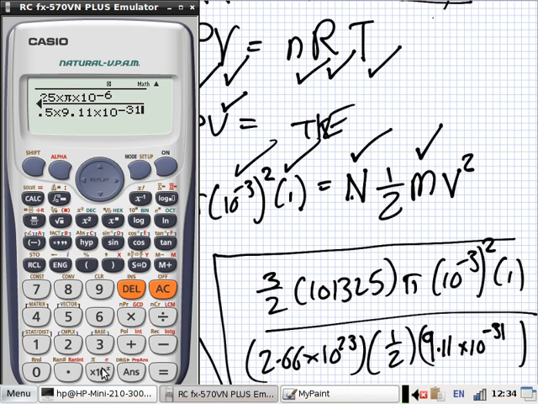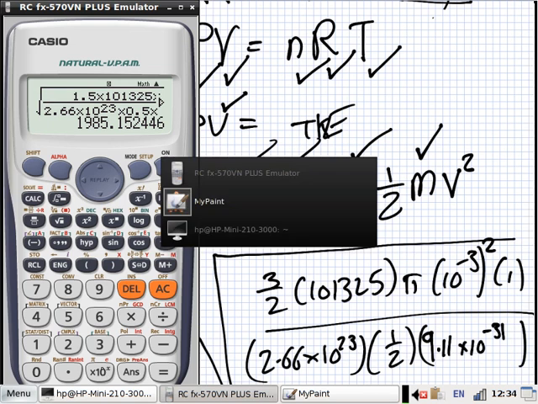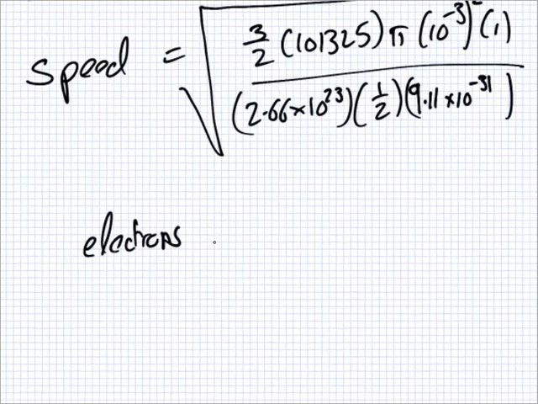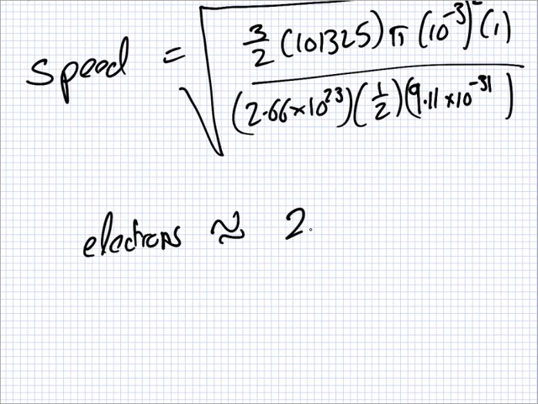No, it's huge. It's a big number. The electrons are moving at 2,000 meters per second. So the electrons' speed is roughly 2 kilometers per second. Now, whatever way I did it last year, I got a totally different answer.